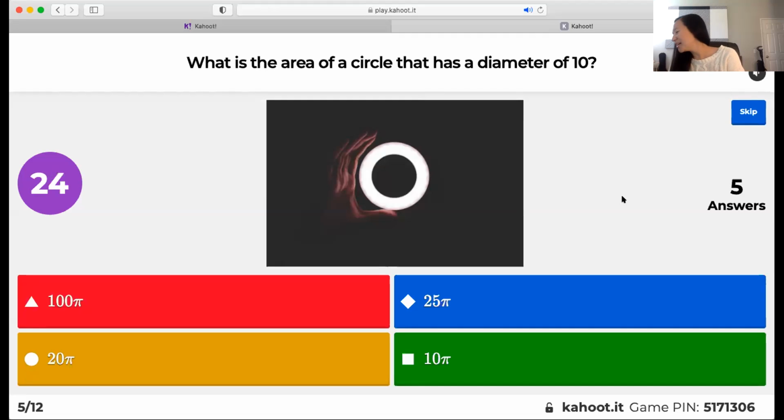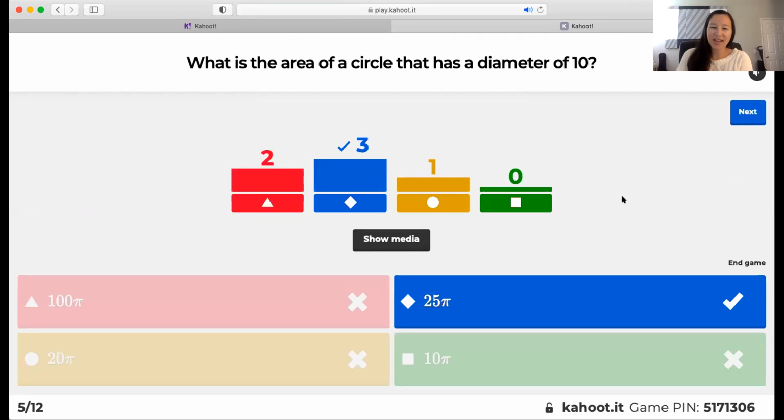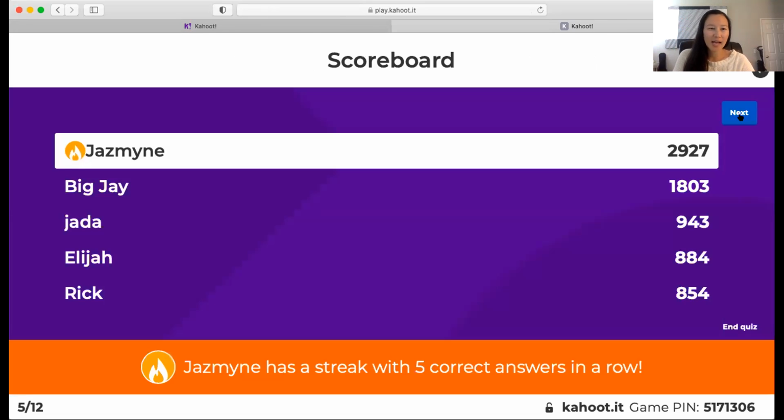Waiting on one more person. There it is. All right, good job. Yep, so the radius would be 5, and 5 squared is 25. 25 times pi. Good.